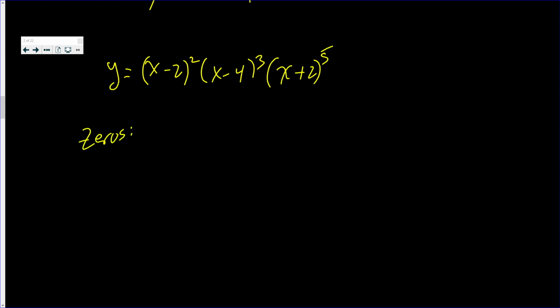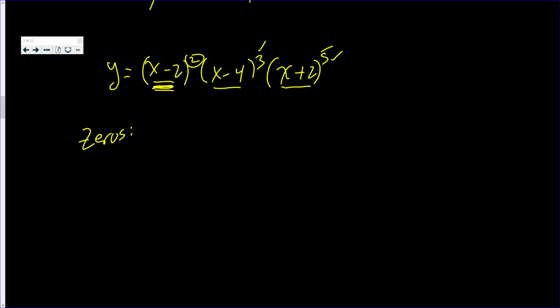There's zeros. Remember, 0 squared is 0, and only 0 raised to the 2nd is 0. Only 0 cubed is 0. Only 0 to the 5th is 0.